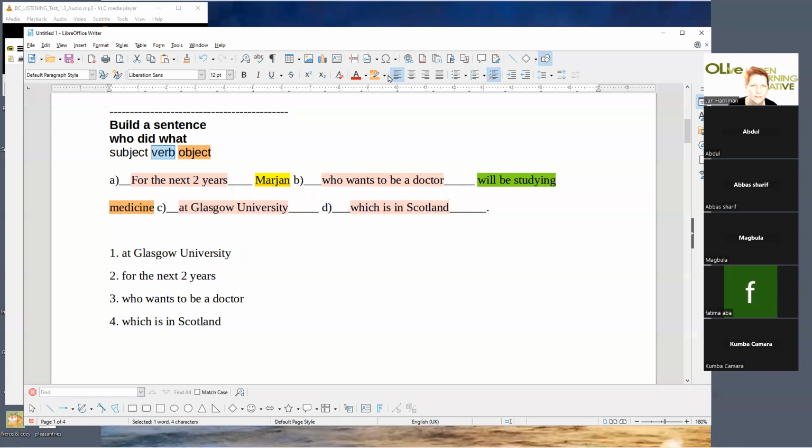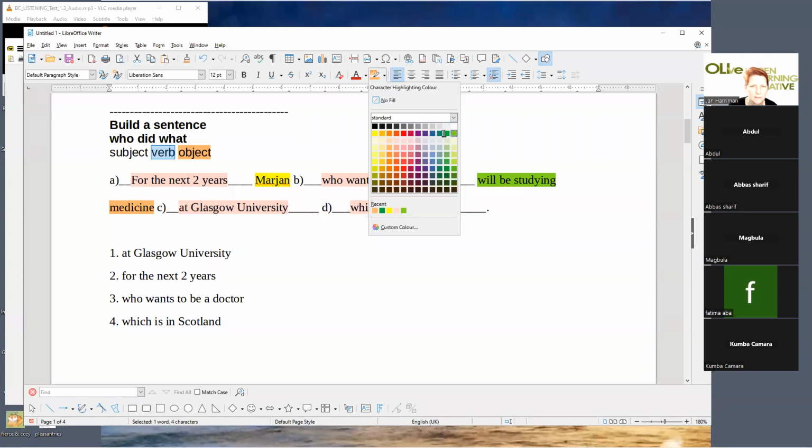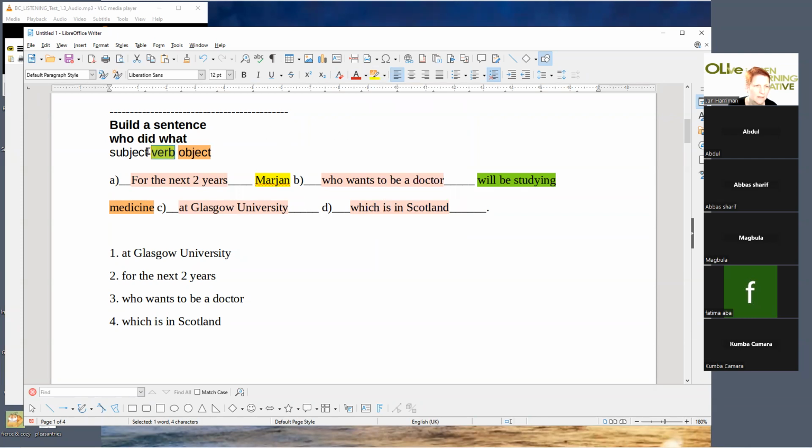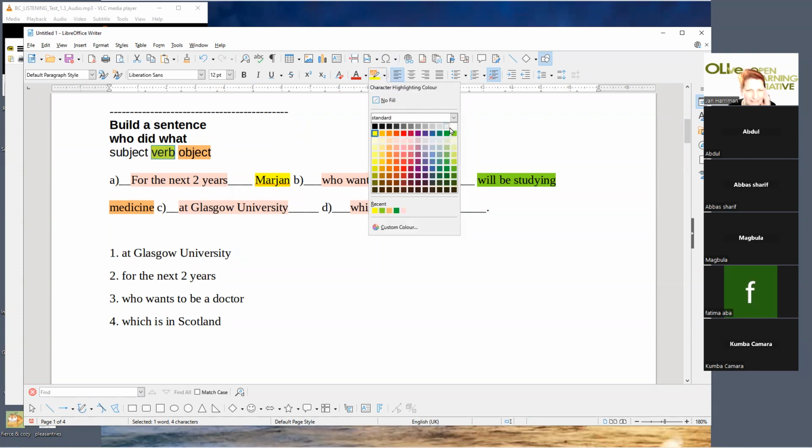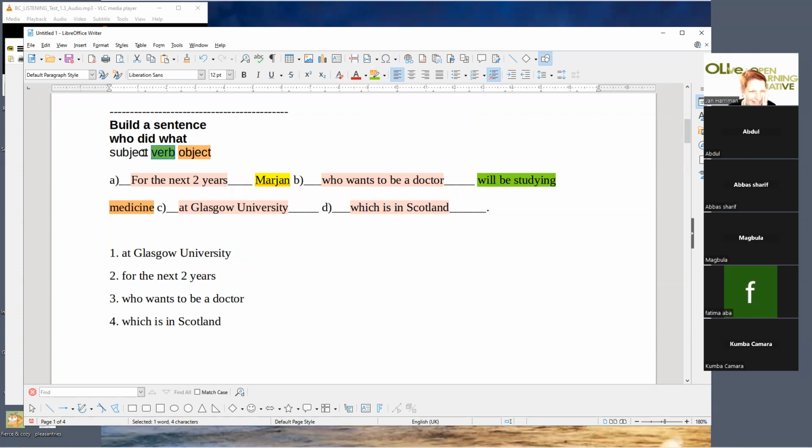And subject. Okay, I have to highlight it before I change the color. There we go. So there's our structure. We can see from this, we've got a subject, a verb, and an object. We can find them in our sentence because I started with them.